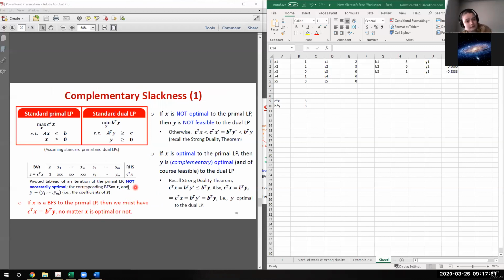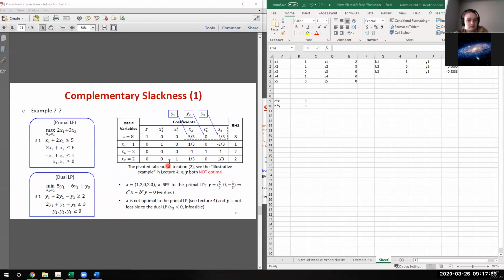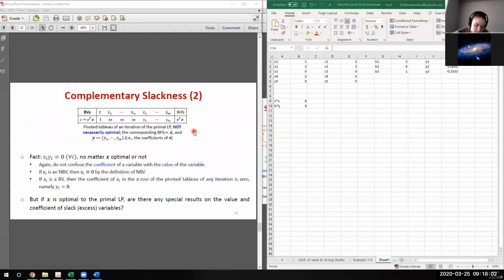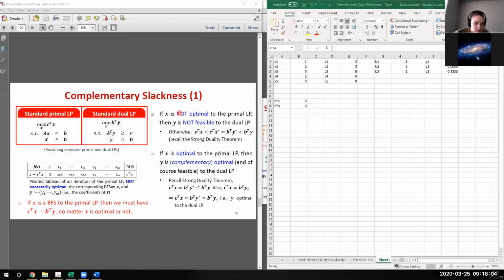What is the problem? The problem is that if X is not optimal, say for example here, this X, yes, it's a basic feasible solution, but it's not optimal, then the Y you find here is not feasible to the dual LP. It's not feasible to this problem at all.